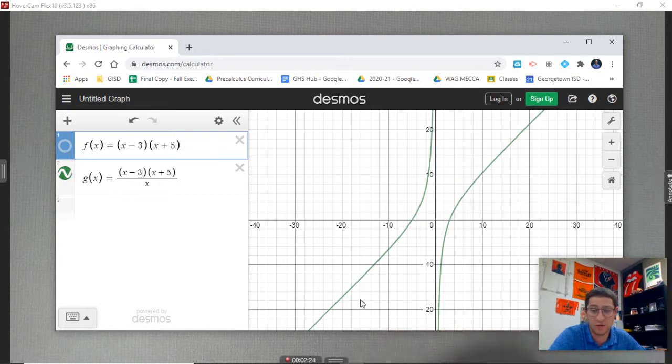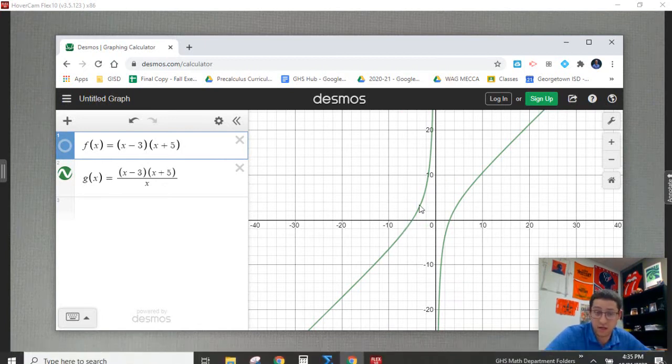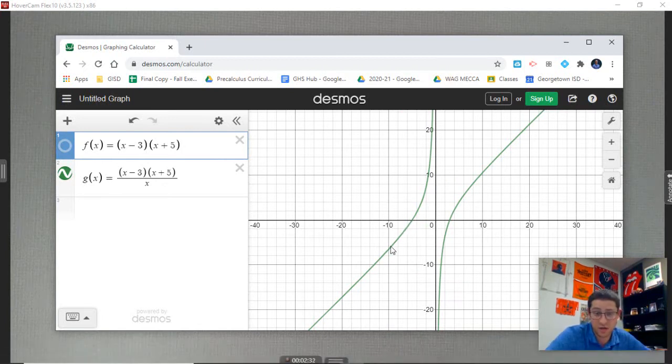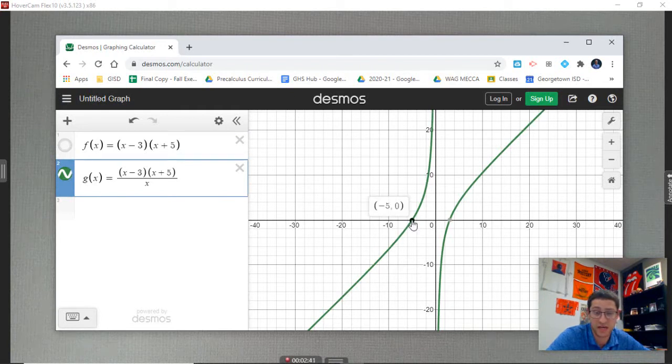Same situation: where is this function positive, and where is it negative? In this particular graph, it is negative down here, and again, by negative I mean y values that are negative. Then it reaches this point at x equals -5, and then it becomes positive. Then down here it becomes negative again, and positive again here.